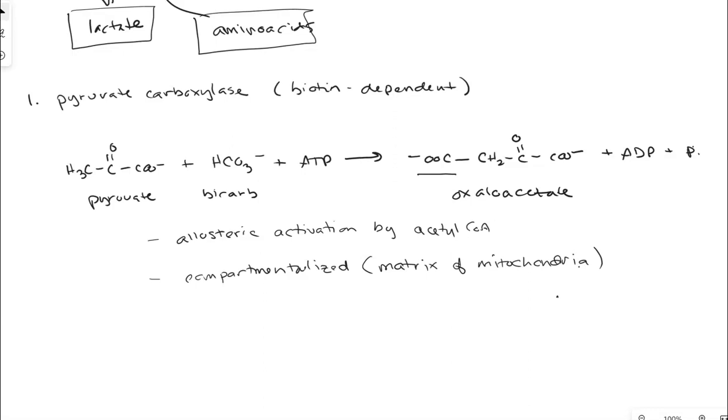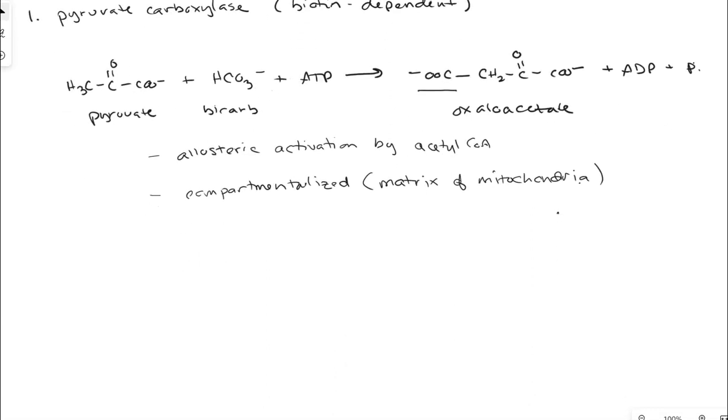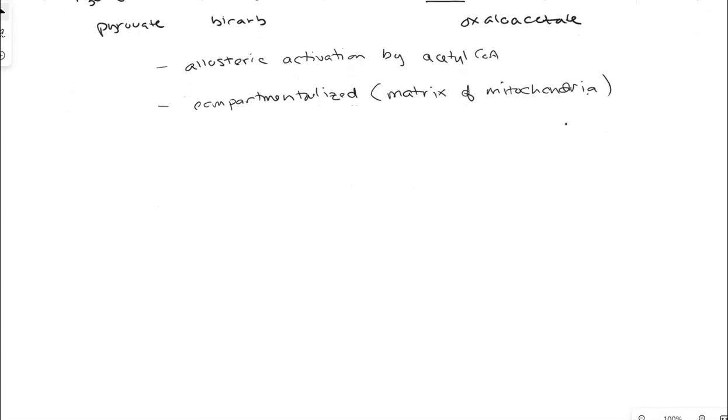Now, this takes us to step 2. Let me just move us up a little bit here. So step 2 is going to be our phosphoenolpyruvate carboxykinase, or I can abbreviate phosphoenolpyruvate as PEP.